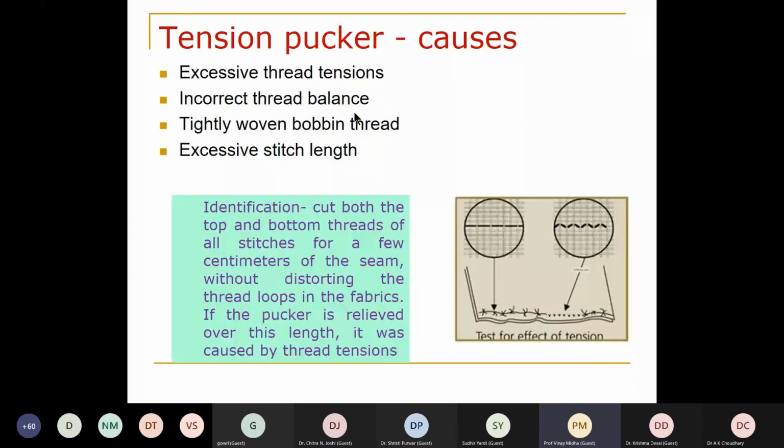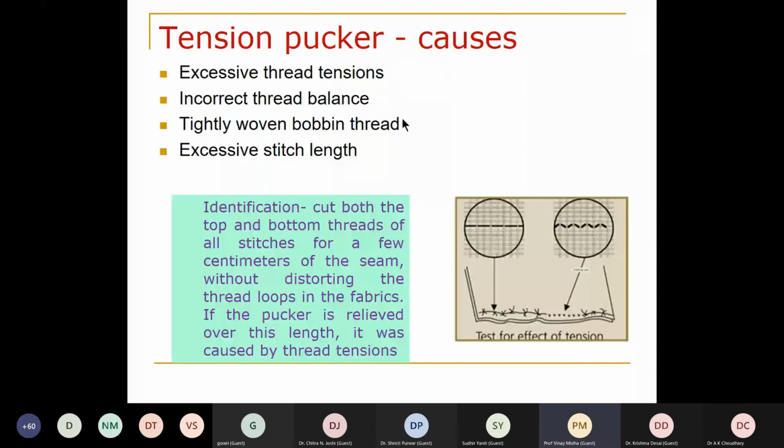So the main causes of tension puckers are excessive thread tensions and incorrect thread balance. One particular thread is having higher tension and the second one is having lower tension. Then tightly wound bobbin threads, and if excessive stitch length is used, then in that case also tension pucker is possible.